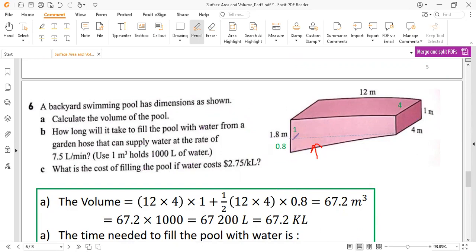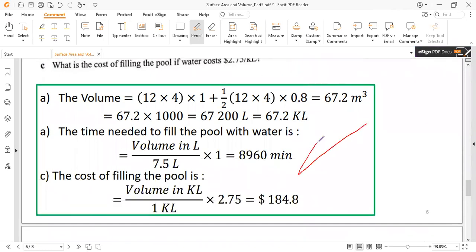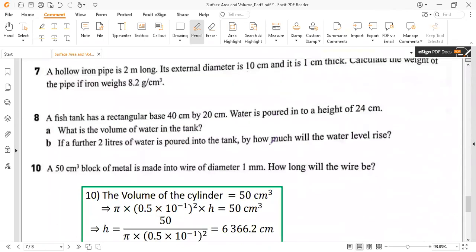For example, here in the bottom we have a half, cut diagonally, of a rectangular prism. So if we calculate the volume of a whole rectangular prism and divide the volume by 2, we obtain what we want.